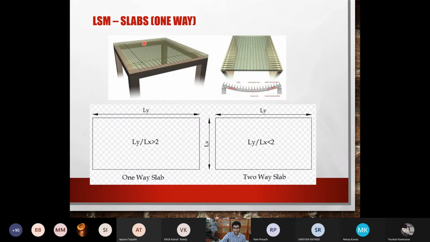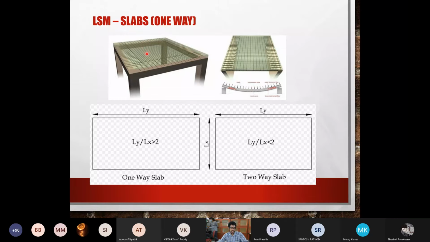How about if I go to this end? From the center, if I move a little bit, say 1 meter in this direction, there the deflection will be lesser. Then I go even further, 1 meter more, it will be even lesser there.